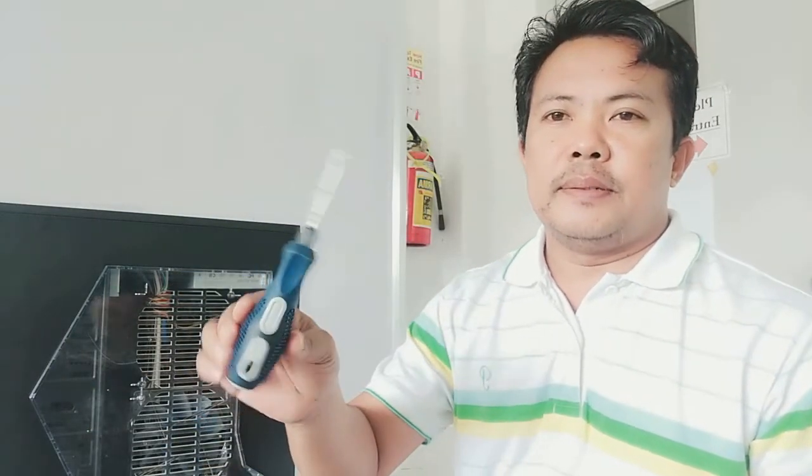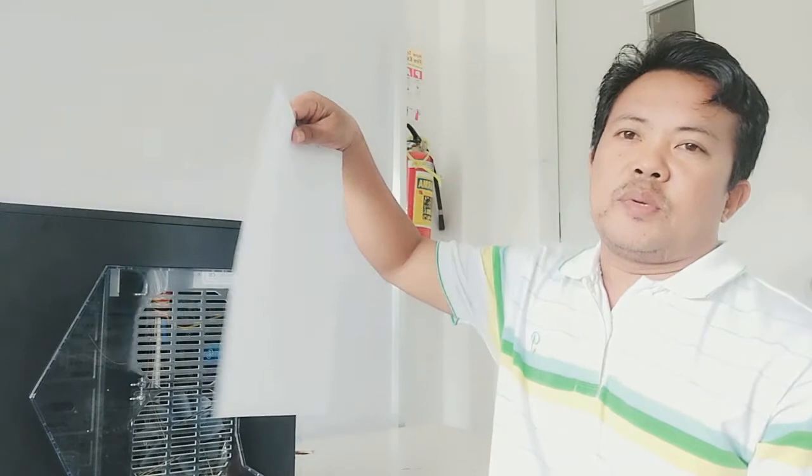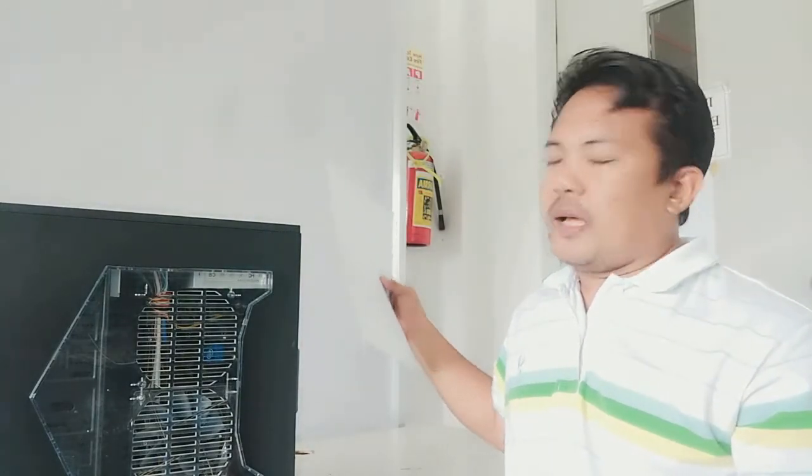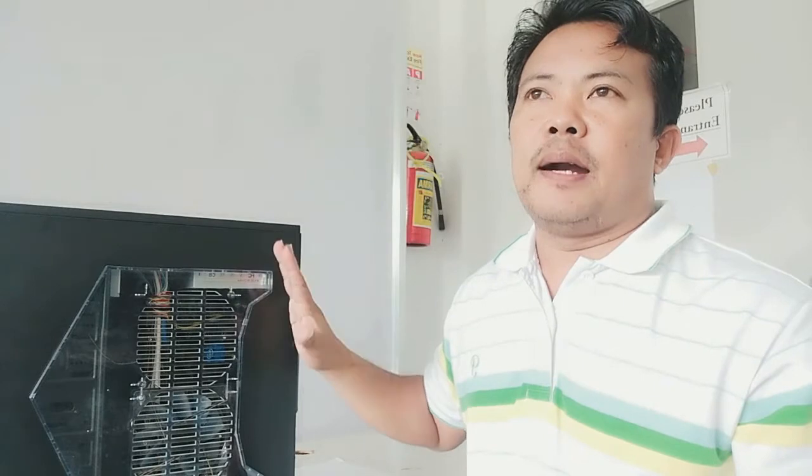So first thing first, we need to have a screwdriver. We need to have a brush for cleaning. Next, we need to have a ball pen and the last is a piece of bond paper, for us to list down all of the parts that are found in the computer system.